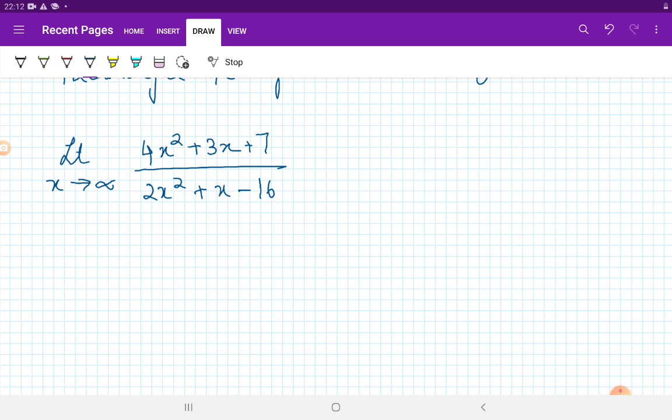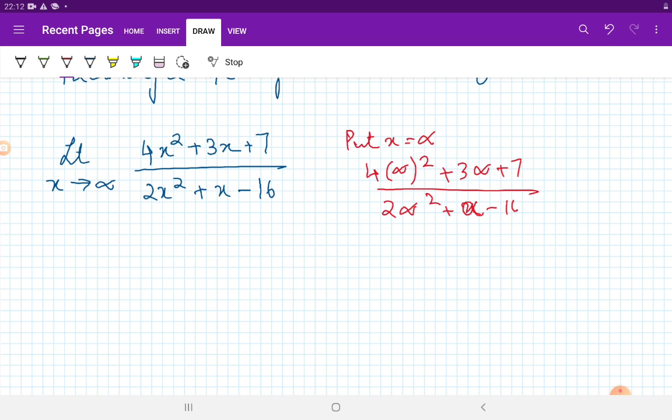Now, as you can observe, if you put x equals infinity in this question, you will get your function in the infinity by infinity form.